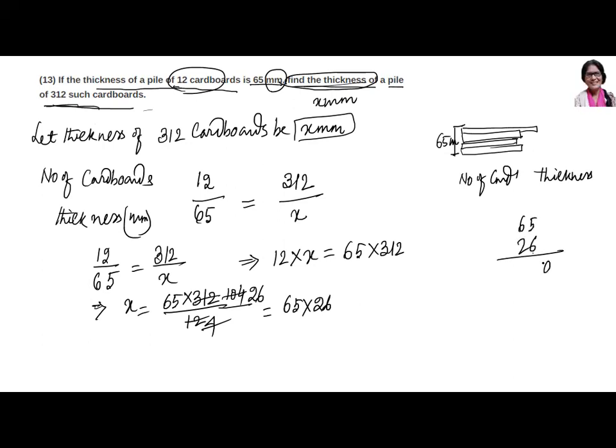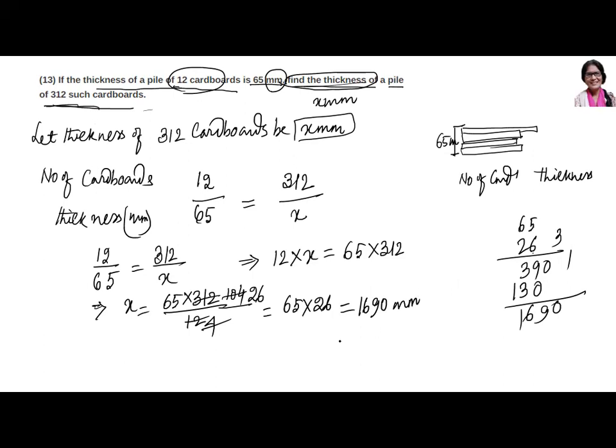65 multiplies 26. 6 5 times 30 carries 3, 39. 2 5 times 10 carries 1. 12 plus 1 is 13. So it will be 1690 millimeter. So 1690 millimeter means how much centimeter?